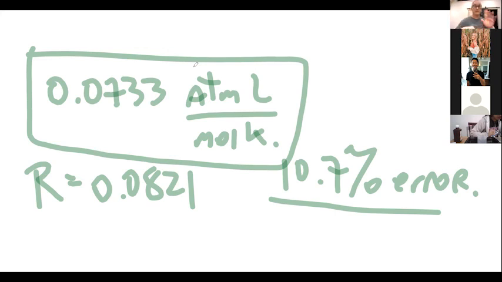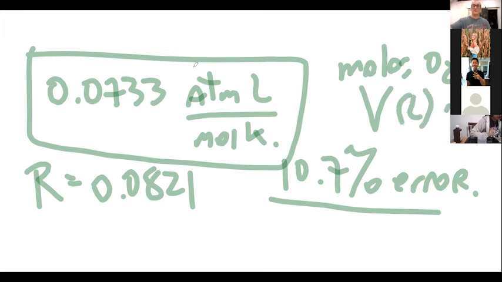But remember to plot moles of O2 as X versus volume in liters of oxygen. That will give you the relationship you need between moles and liters, because those are the units involved in the calculation of R.